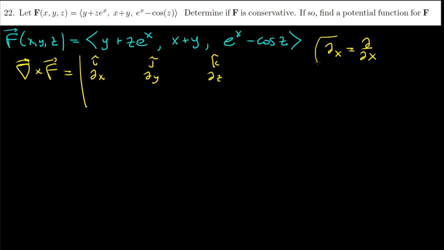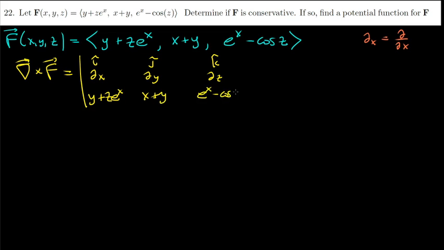That's a more advanced notation, but eventually this becomes a little bit easier to deal with. This is just shorthand for the partial with respect to x. Okay. All right, so m is y plus z e to the x, n is x plus y, and p is e to the x minus cosine of z.